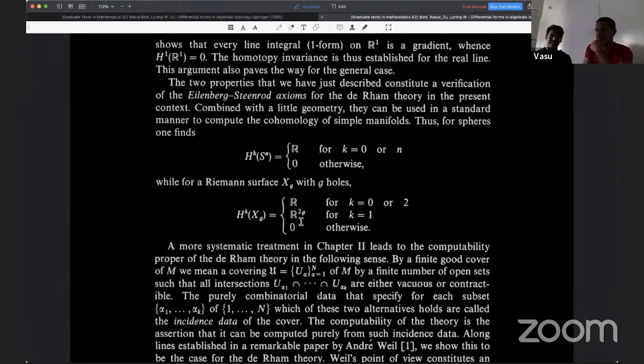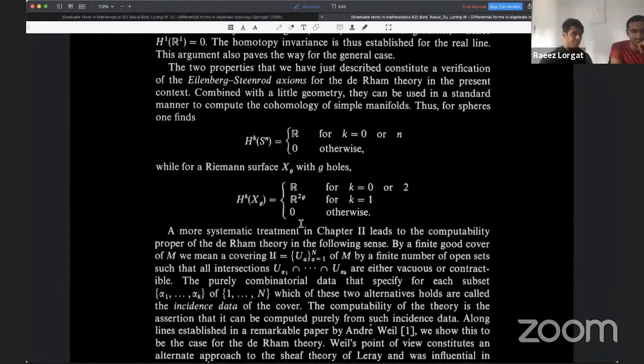And then there are 2g circles in degree 1, right? Those circles you should think of as wrapping the two symplectic circles around each genus g donut hole. Or if you like, they're the two circles in the torus for each genus g handle.